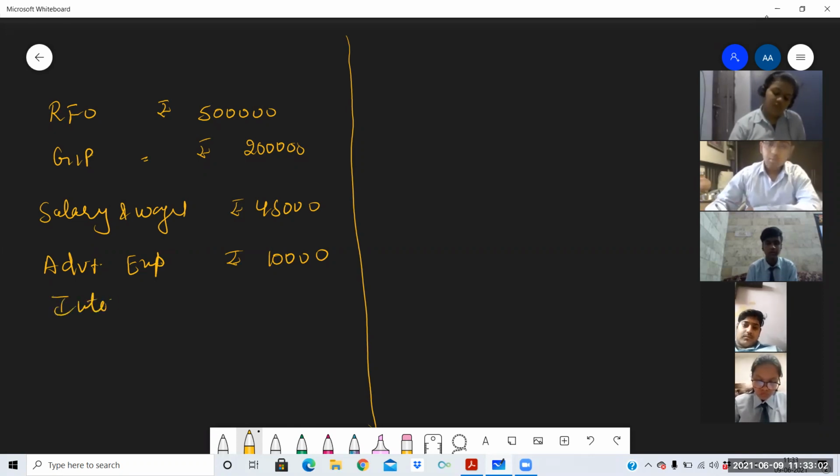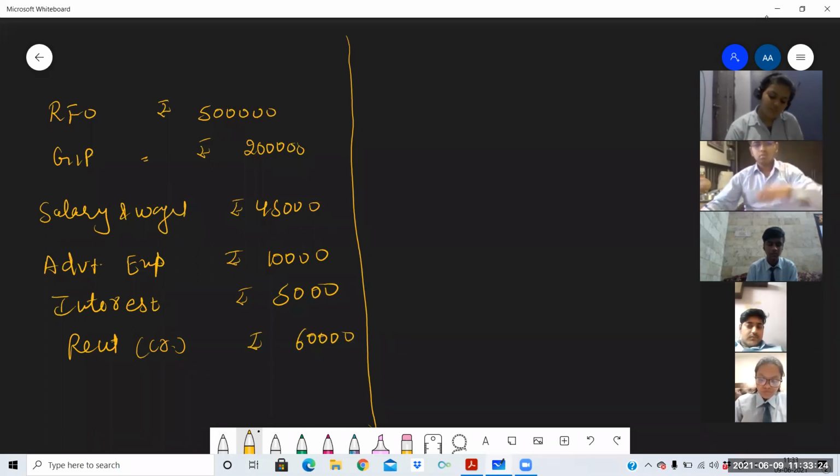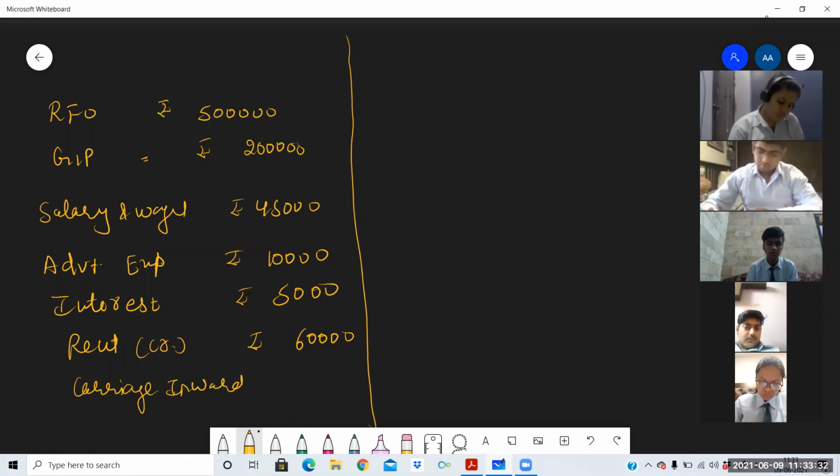Interest, which is rupees 5,000. Then rent credit. You all know that rent credit means income or expense; in 11th class we have discussed it. Rupees 60,000. One more expense is given, that is the carriage inwards. This is the last. Carriage inwards, rupees 5,000. So you need to calculate the net profit ratio.